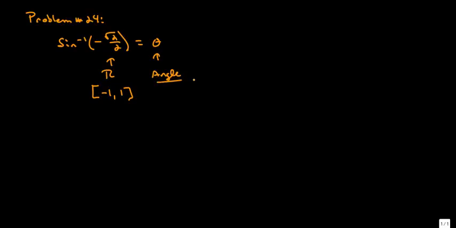Now, there's going to be an infinite amount of angles that have a sine value of negative square root of 2 over 2. In fact, if we look on the unit circle, there's an angle here and an angle here. This one is at 5 pi over 4. This one is at 7 pi over 4.